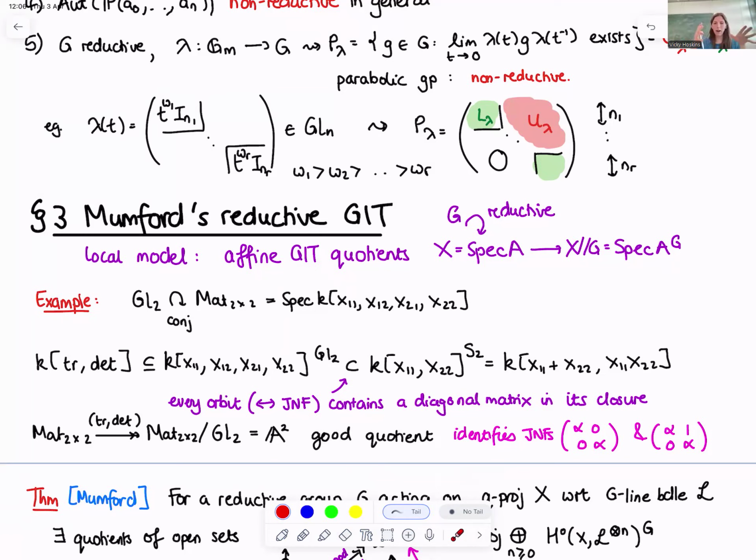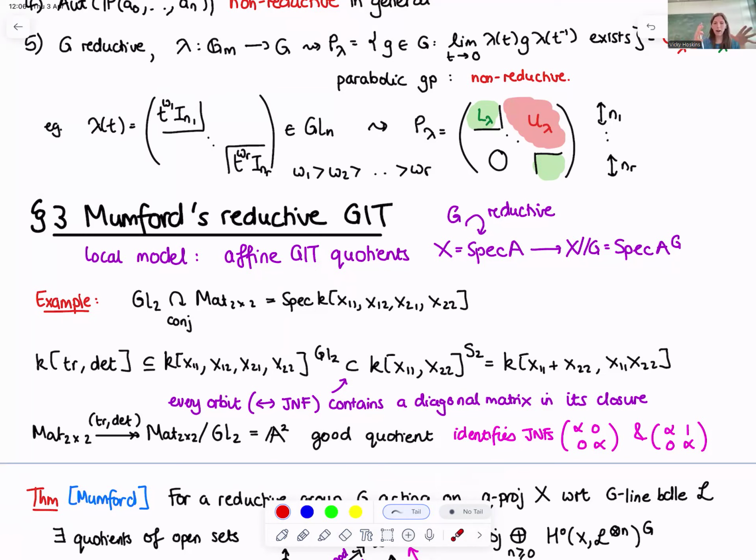And if your Jordan normal form is not diagonal, then you can essentially act by a copy of the multiplicative group to make it into a diagonal matrix. So you can sort of degenerate it to a diagonal matrix. And so every orbit contains a diagonal matrix in its closure. And so to understand how these invariant functions behave, you can just look at diagonal matrices.